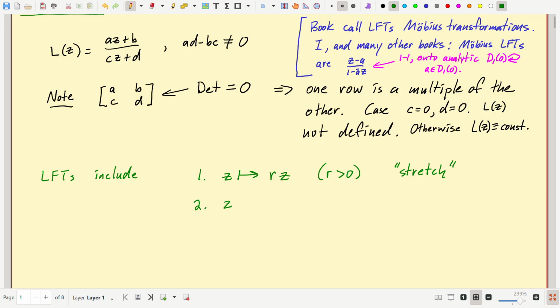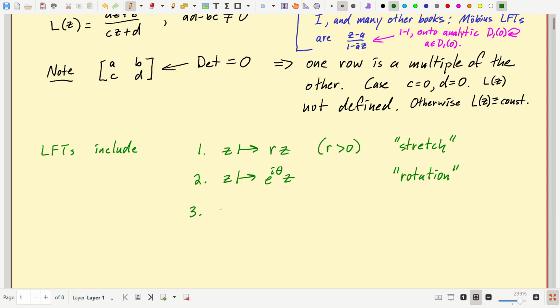Number 2, z goes to e to the i theta times z. I call that a rotation, because the geometric feeling is that you just spin the whole complex plane around by an angle theta. Number 3 is z goes to z plus b. That just moves everything by a complex number b, like vector addition. That's a translation.